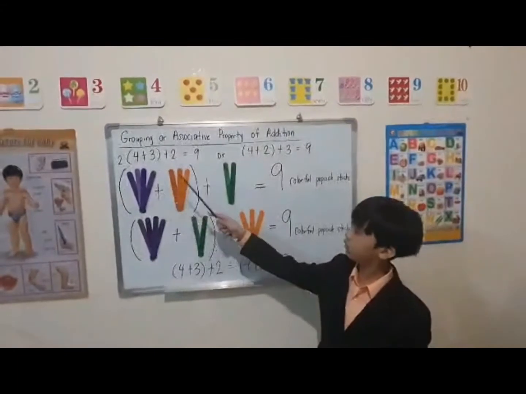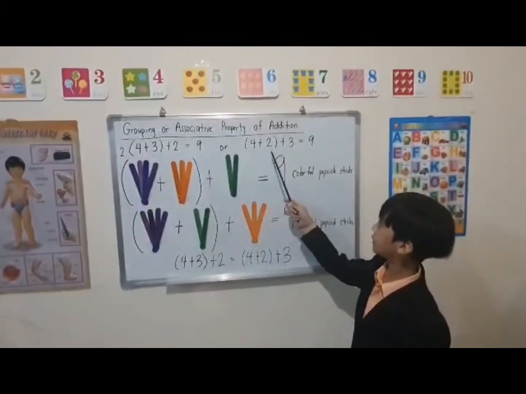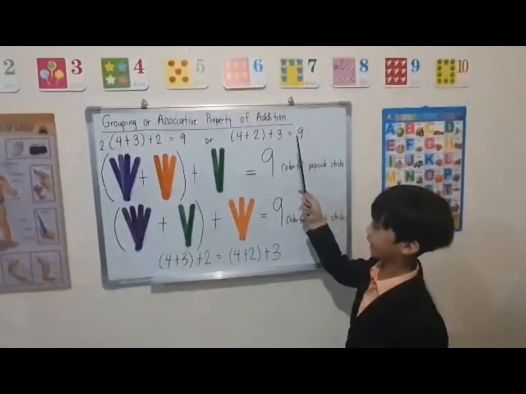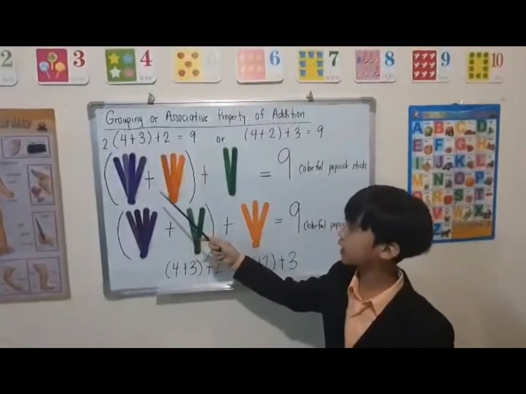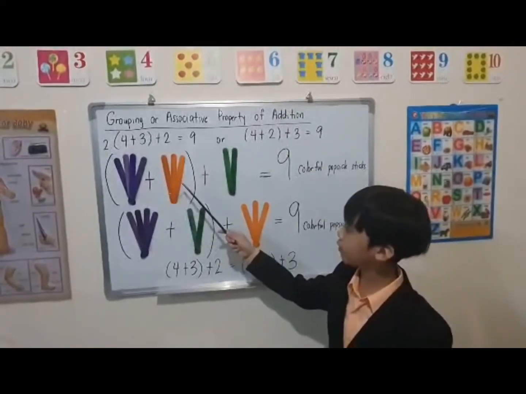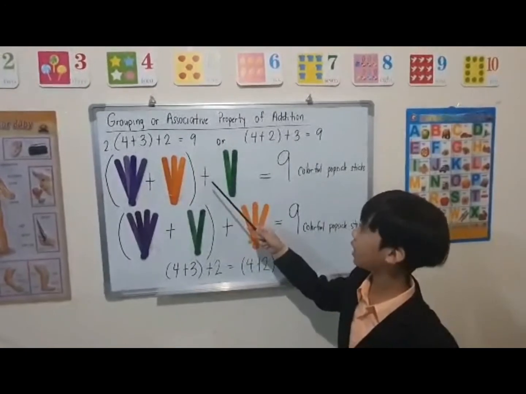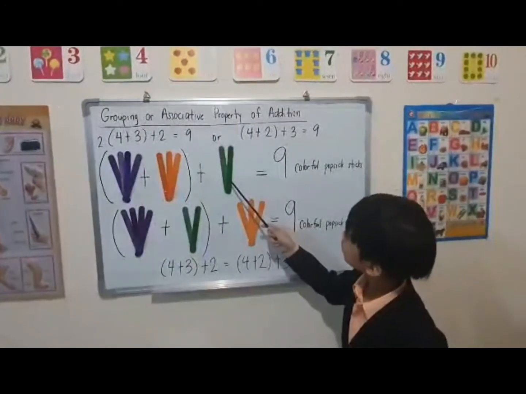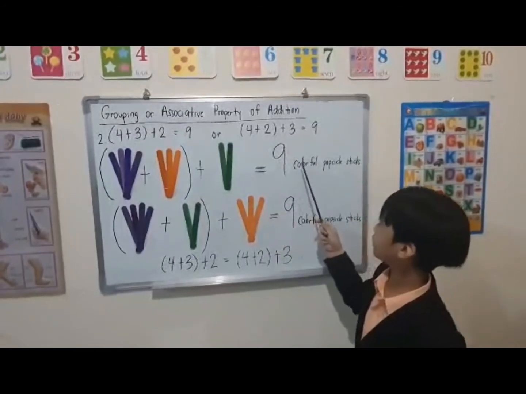Number 2. 4 plus 3 plus 2 equals 9, or 4 plus 2 plus 3 equals 9. I have here 4 purple popsicle sticks plus 3 orange popsicle sticks in the parenthesis plus 2 green popsicle sticks equals 9 colorful popsicle sticks.